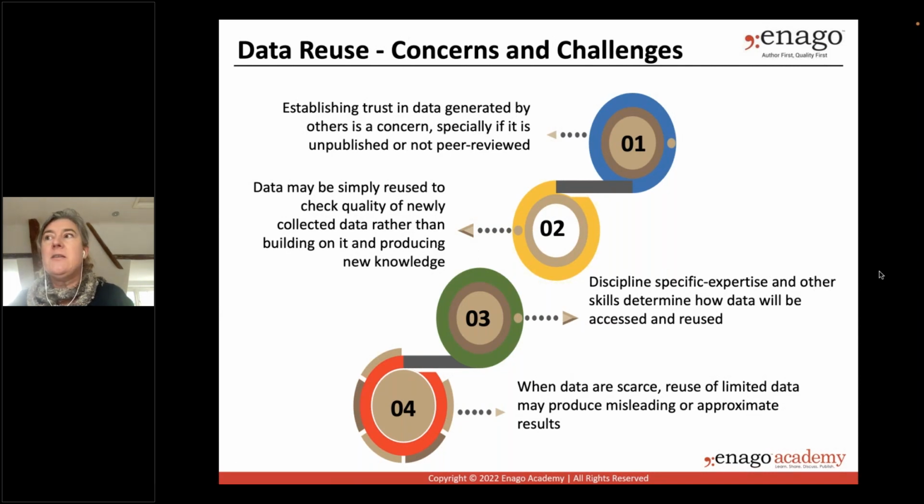That's something that is not necessarily well defined at the moment, but I think people are becoming better at understanding what expertise is required. In areas where there is very little data, the challenge around reusing it could be that it's overemphasized, if you like. Small samples can be used to do too much work in making overarching hypotheses or conclusions.